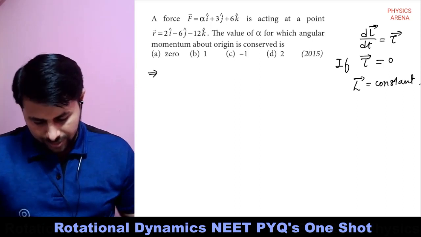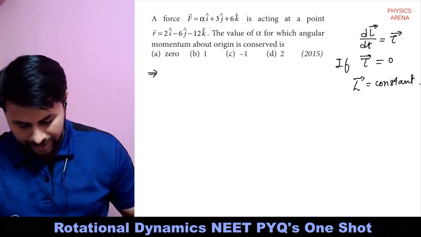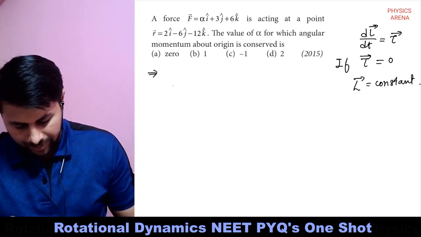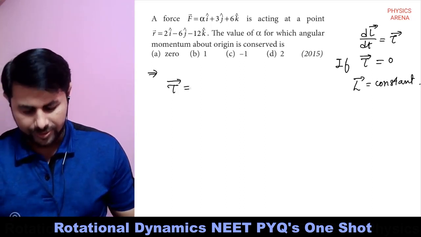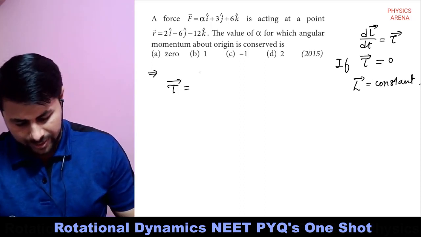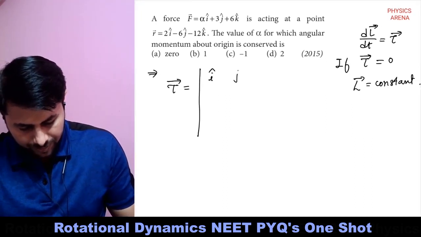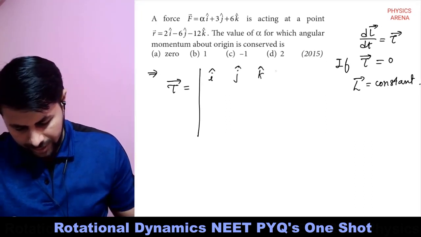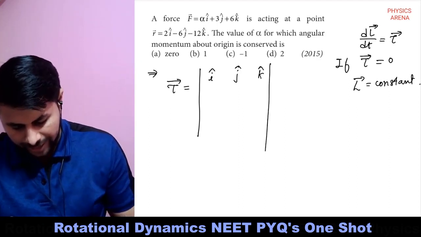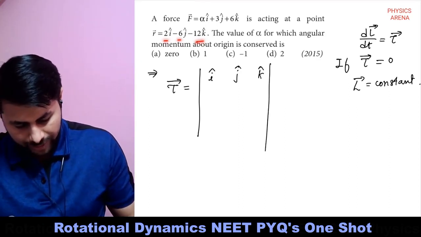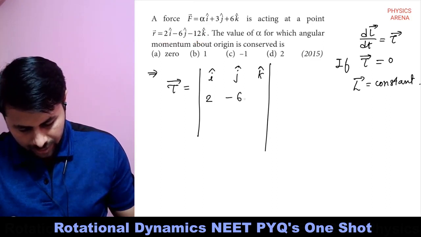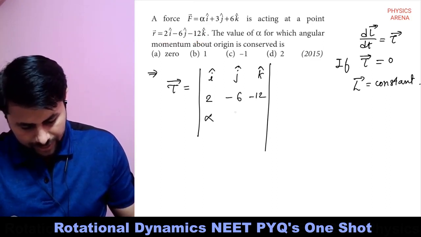So angular momentum will be conserved when torque is 0. That means torque, R bar cross F bar, is 0. So it's i j k. Then we have R bar as 2, minus 6, minus 12, and F as alpha, 3, 6.